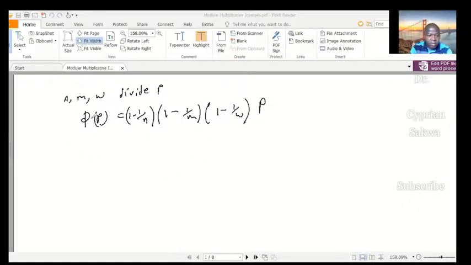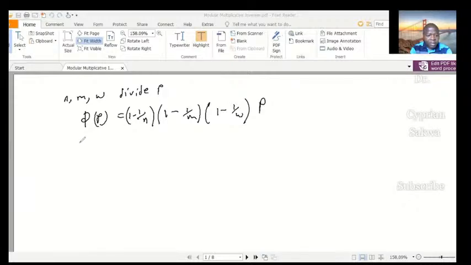Of course, when we talk of the Euler phi of p, we mean the numbers less than p which are relatively prime to p.